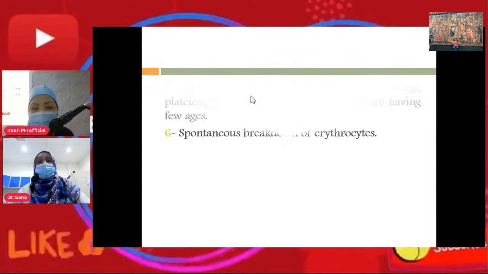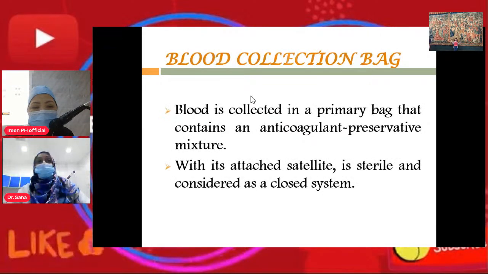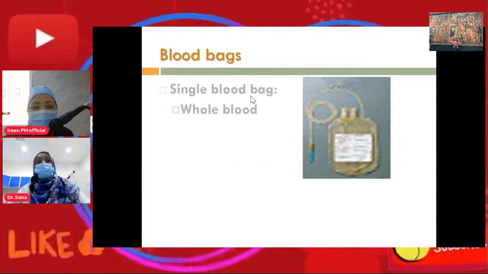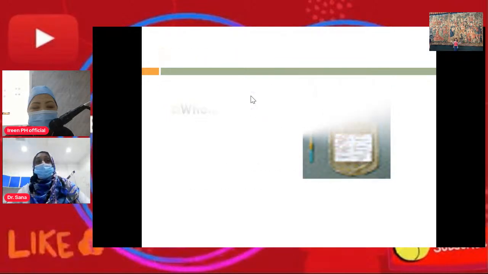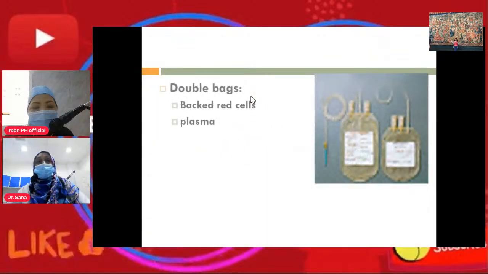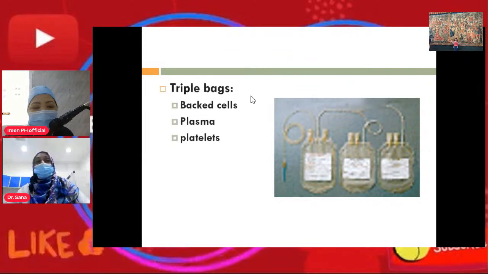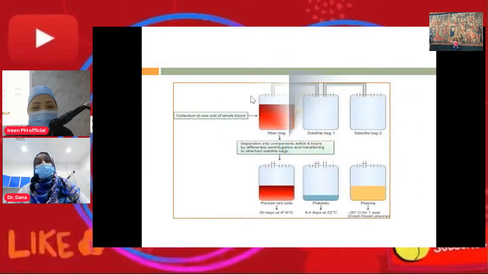Dextrose supports energy generation by the glycolytic pathway. Adenine acts as a substrate for red blood cells. Citrate prevents coagulation, and sodium biphosphate prevents an excess drop of pH, acting as a buffer.